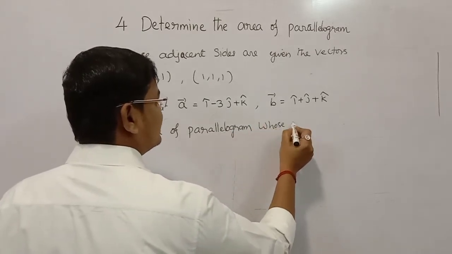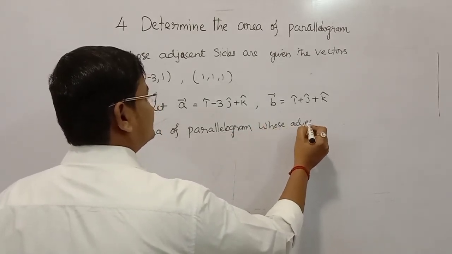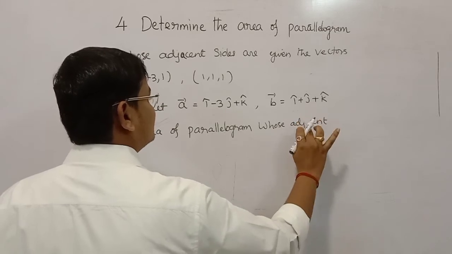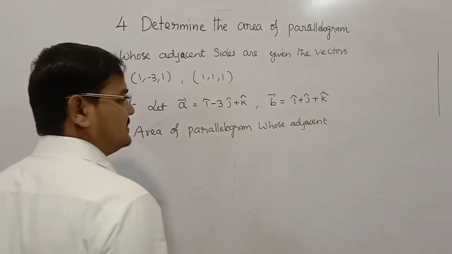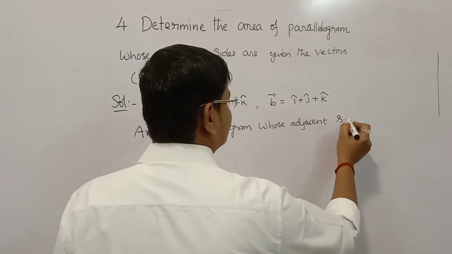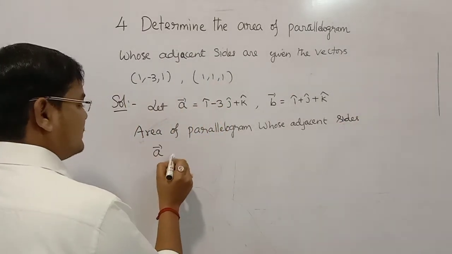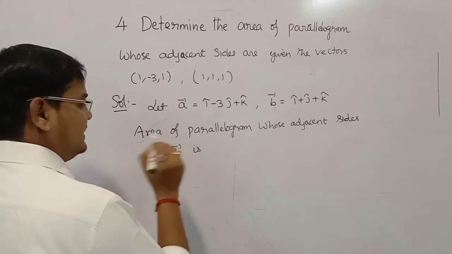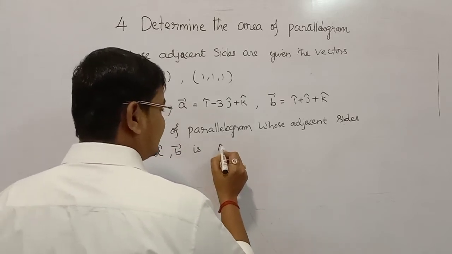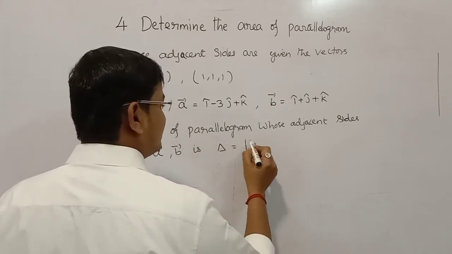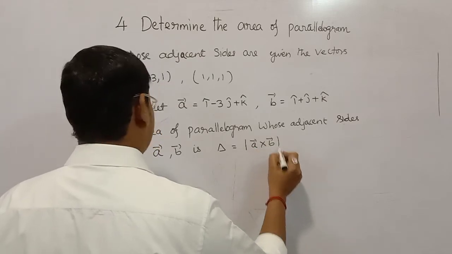Now write the formula. The area of the parallelogram whose adjacent sides are A bar comma B bar is delta equal to the magnitude of A bar cross B bar.